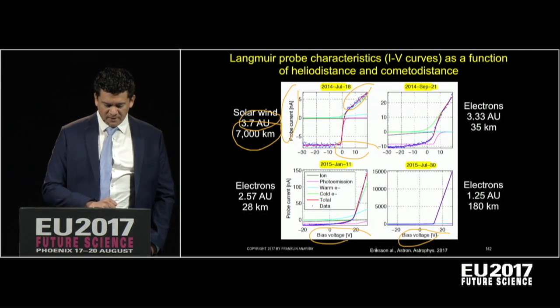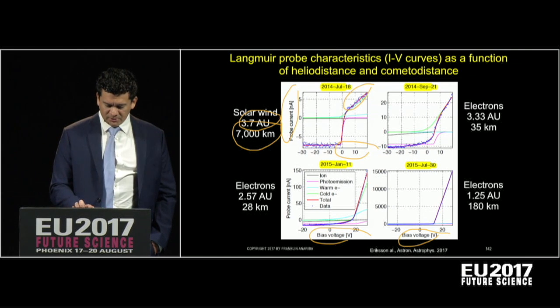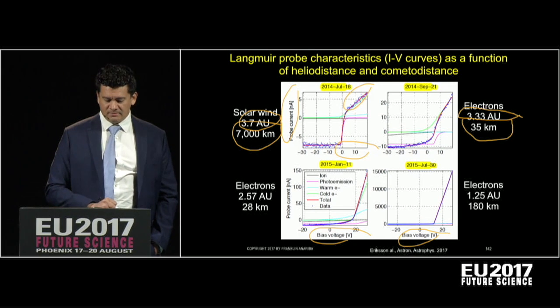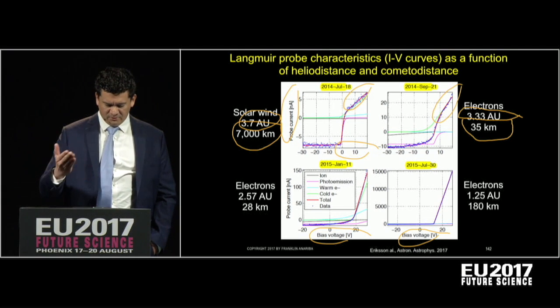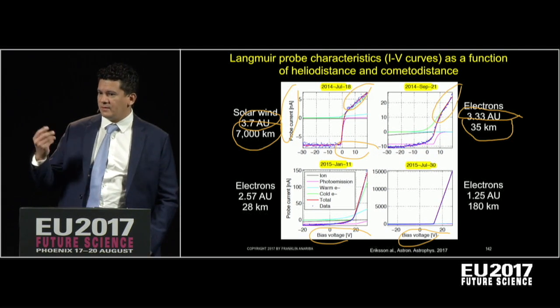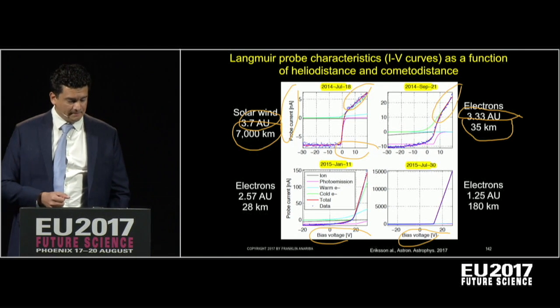If we move a little bit closer in terms of distance from the sun and much, much closer to the actual comet, we see that this current increases from 5 to 20 plus nanoamps.